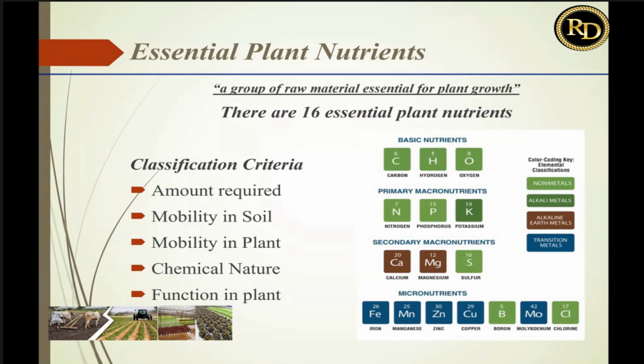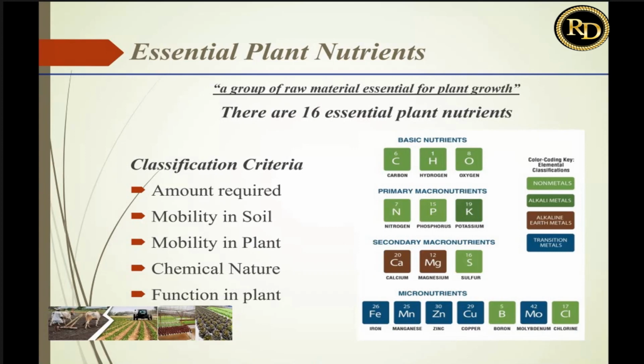These essential nutrients can be classified based on the amount required, like primary, secondary, and micronutrient. Mobility in soil is another criterion, because some are highly mobile in soil and some are immobile, like phosphate is immobile and nitrogen is highly mobile in soil. Mobility inside the plant is also equally important to understand.